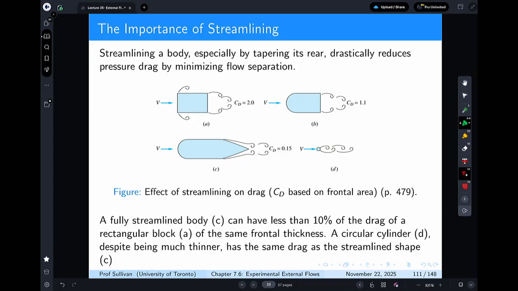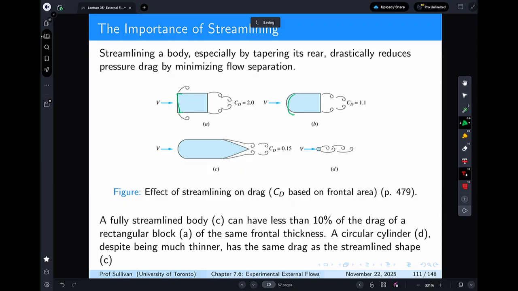So again, streamlining. Here you have a large rectangular object at A, a slightly curved object at B, and you have at C a streamlined body, and finally a body with similar sort of drag as the streamlined shape. And the only difference as you go through is you have these right angles here.